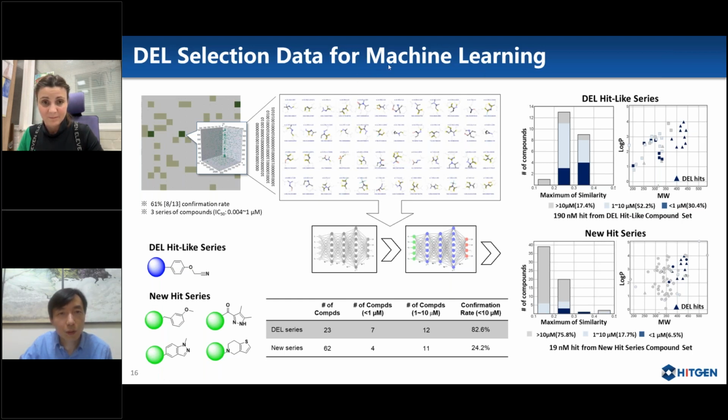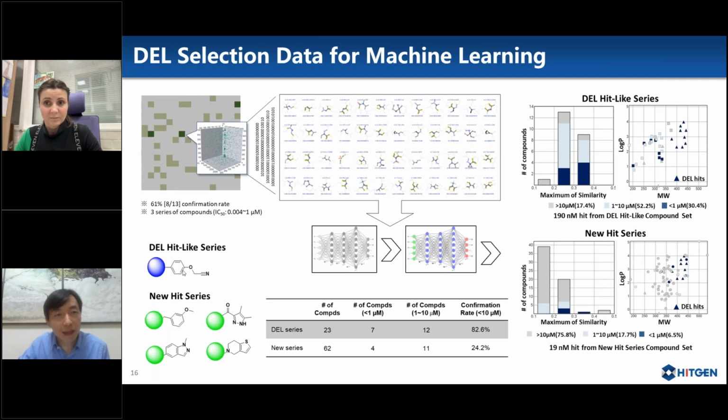After the selection, we have a vast amount of data. After screening, we have already identified the active hits. There are 3 series of compounds, with activity ranging from 1 micromolar to 4 micromolar.